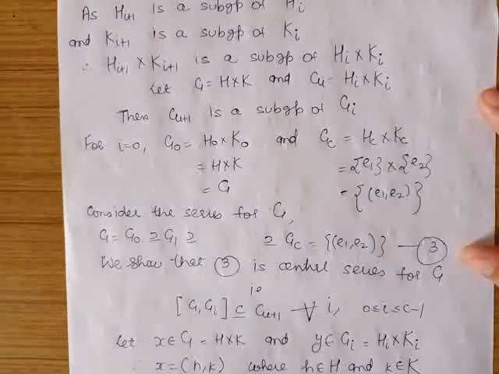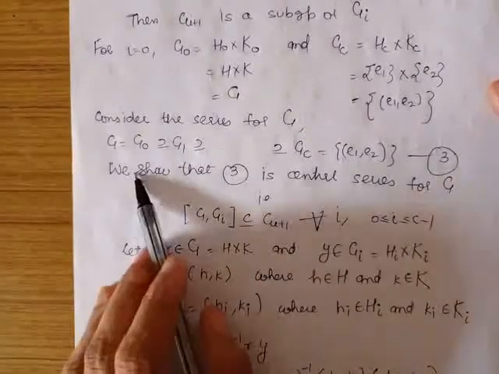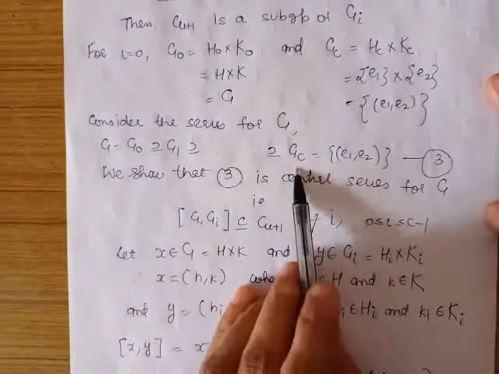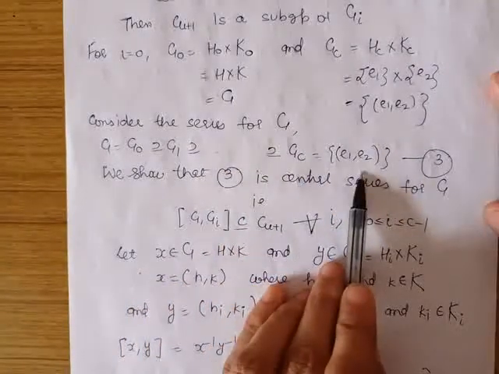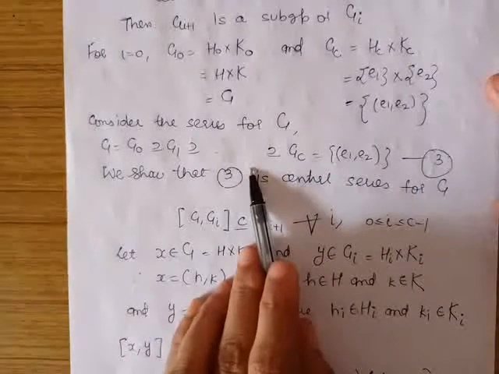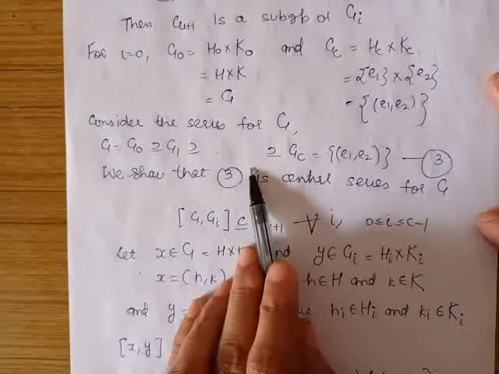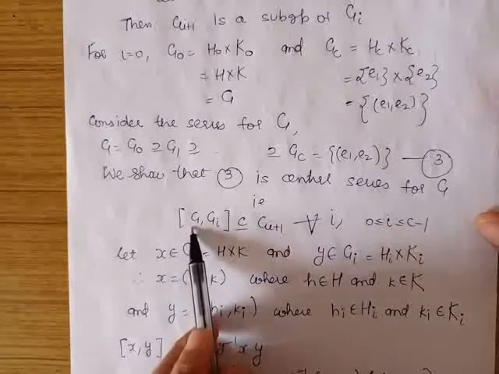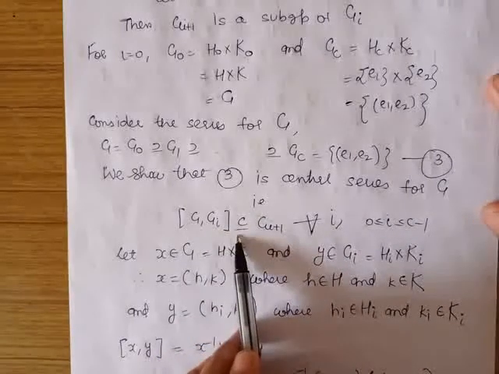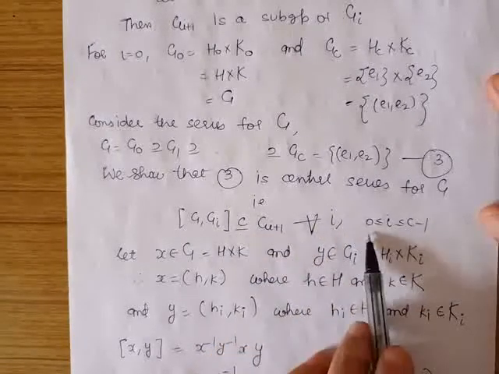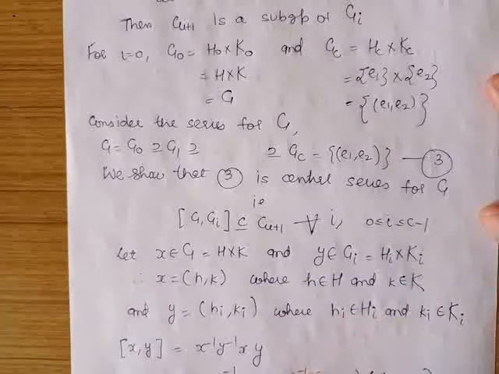So we can consider a series for the group G given by G equals G0, contains G1, contains G2, contains G3 and so on, contains GC equals the identity of G. Now we have to prove that this series is a central series for the group G. For this, we show that the commutator of G with Gi is contained in Gi+1, and this is true for every i varying from 0 to C minus 1.